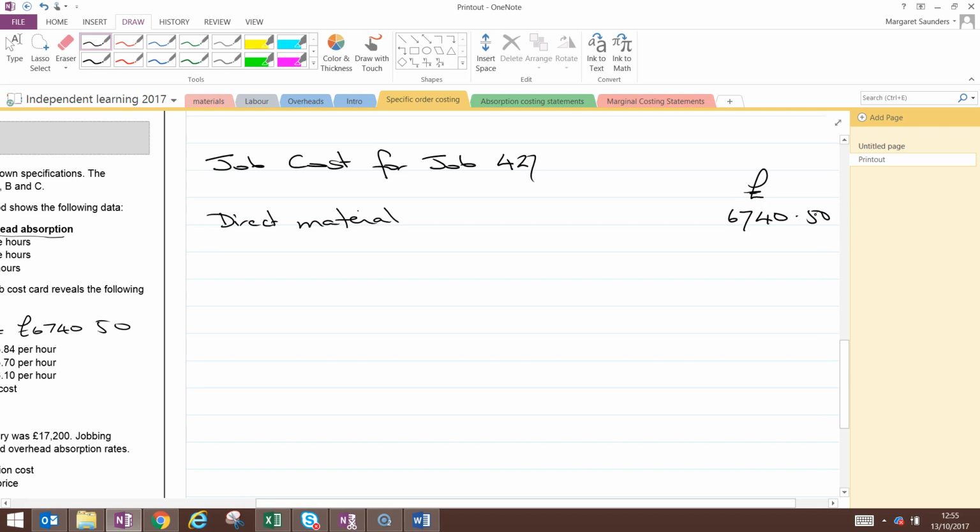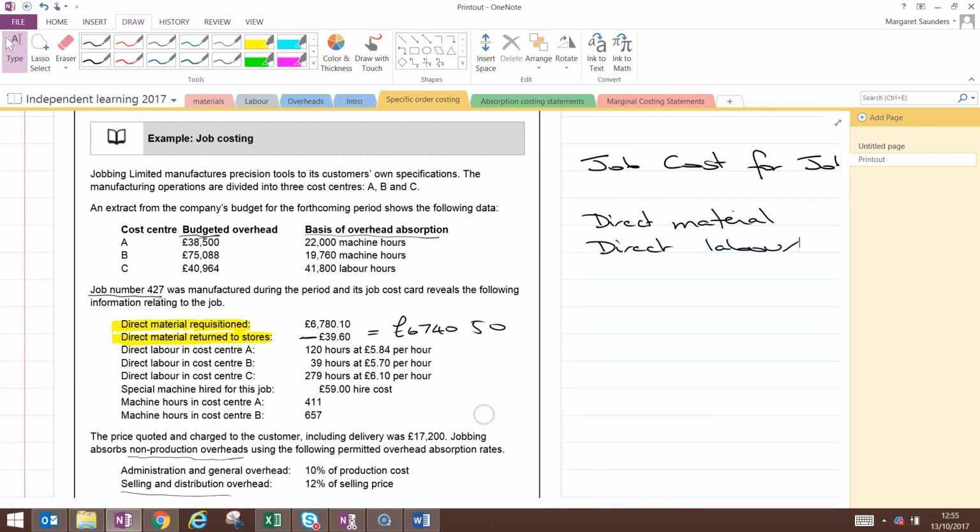The next cost we consider, direct labour. So what information do we have about direct labour? We've got 3 lots of information. Direct labour in cost centre A, in cost centre B, and in cost centre C. So in cost centre A, it's 120 hours of labour, and the employees were paid £5.84 an hour.